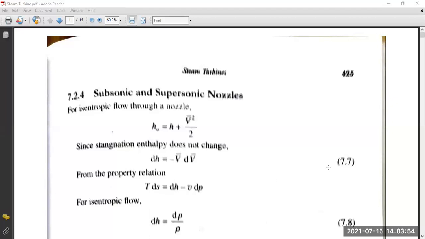Then the enthalpy at the stagnation state is not changing at all, so dh is equal to minus V dV. And from the property relation of any fluid, T ds is equal to dh minus v dP. For isentropic flow there is no ds, so the left-hand side reduces to 0, and so dh is equal to v dP.